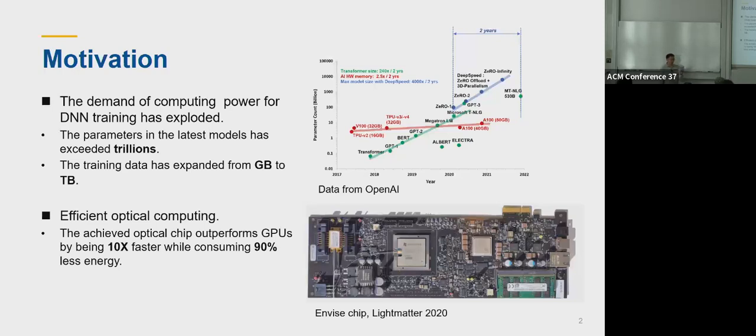In 2020, Lightmatter released a world-record photonic chip to accelerate matrix multiplication operations, achieving 10 times faster speed with 90% less energy compared with the GPU. And in 2021, IBM designed a photonic tensor core that can execute trillions of MACs per second.